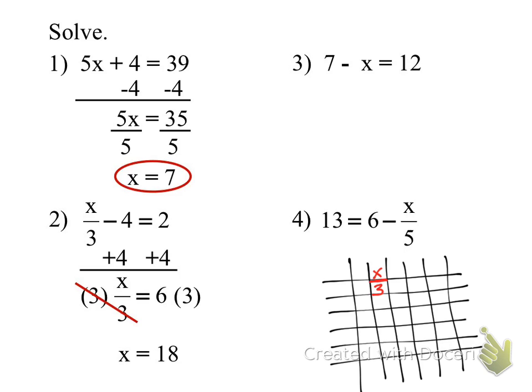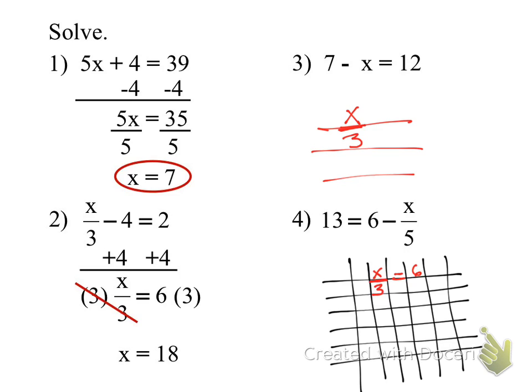I don't want more than one number per box. Am I clear? Yes. And if you're on lined paper, same thing's happening. X over 3, no more than one number per line. And then we have equals 6. If it's a whole number, it lines up with the numerator.